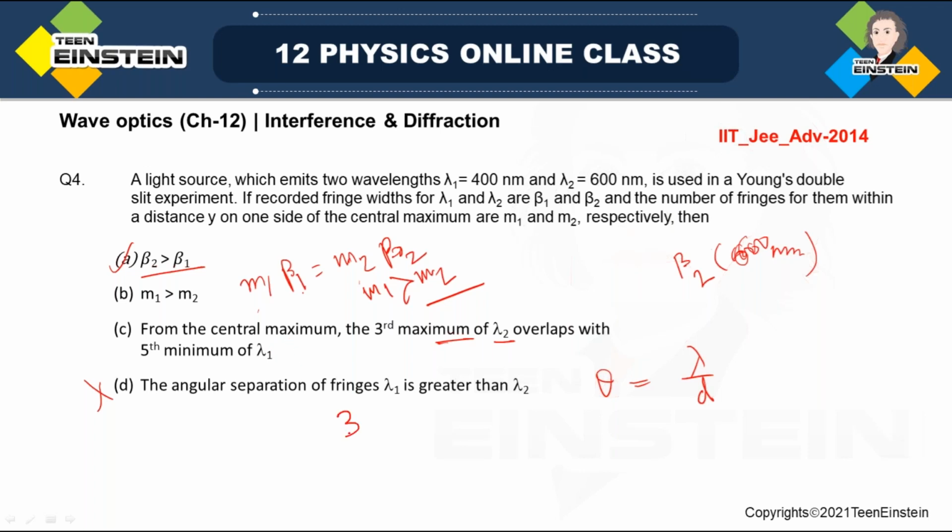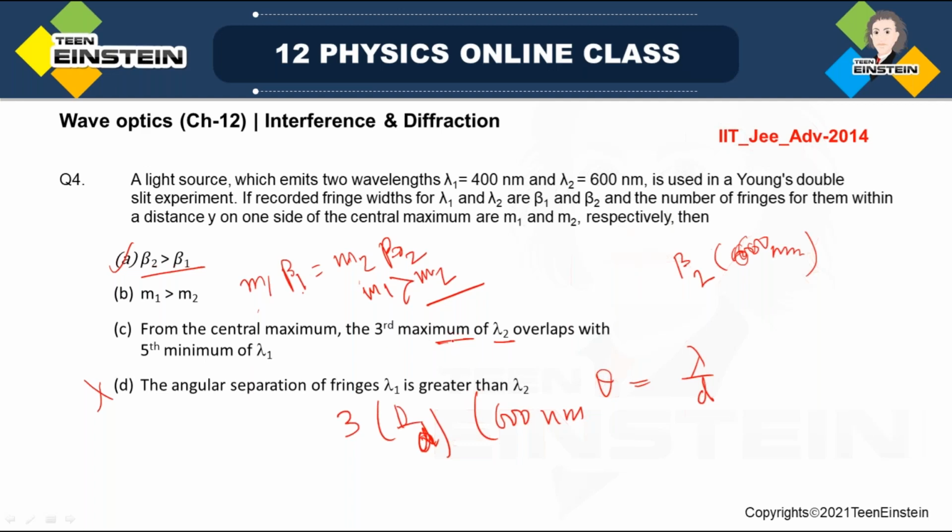So we know 3 into capital D by small d into lambda, that means 3 beta 2, because here we are talking about the third maximum.